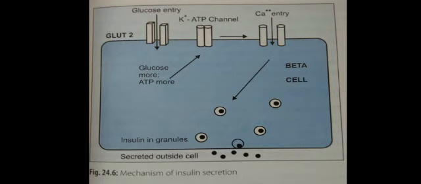I'll repeat the mechanism again. Have a look at the figure on the membrane. This figure explains all the mechanism of insulin secretion from beta cells in response to glucose. You can see the GLUT2 receptors on the cell membrane. Glucose enters the cell through the GLUT2 receptor, but immediately it is converted to glucose 6-phosphate by the enzyme glucokinase, which undergoes metabolism to generate ATP.